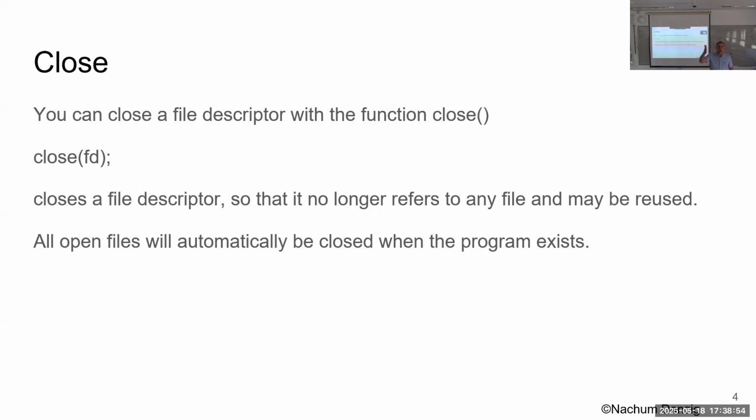When all the processes that have that file open are no longer processes, then the file will be closed. So technically, you don't have to close a file at the end of your program, because the minute the program finishes, the access to the file has ended.